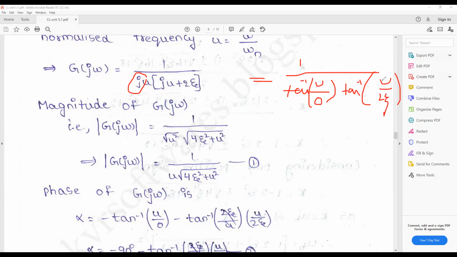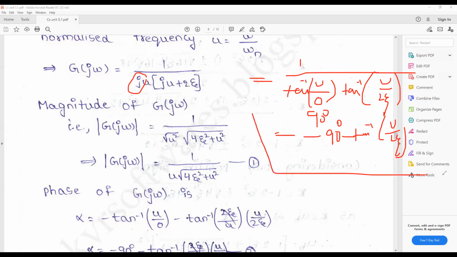The tan inverse of u by 0 is infinity. Okay, so the first tan inverse of infinity is an angle of 90 degrees. So in the denominator it is 90 degrees, and it comes to the numerator as minus 90 degrees, and minus tan inverse of u by 2 neta.